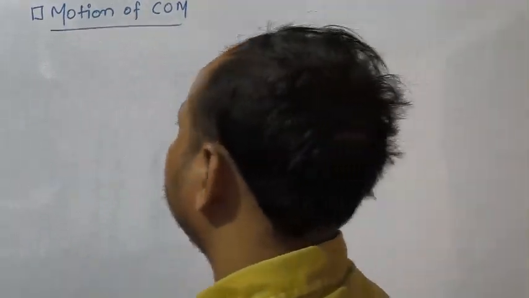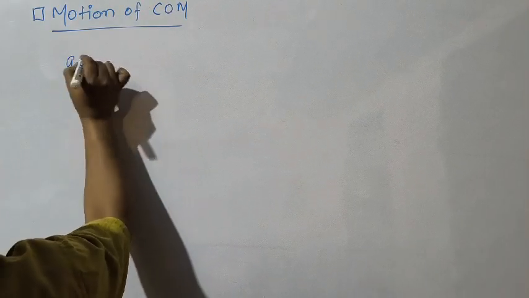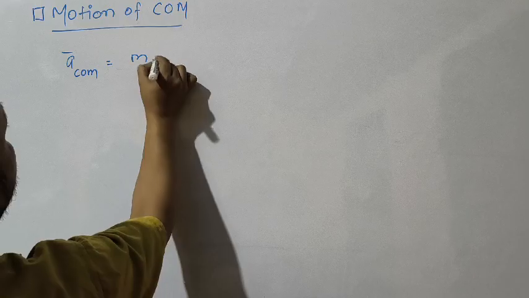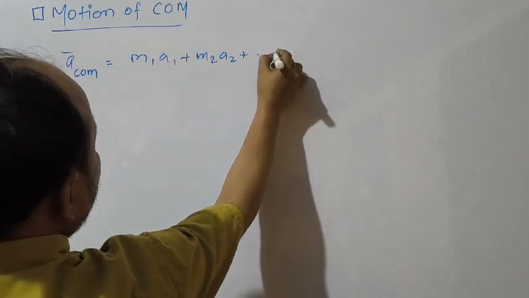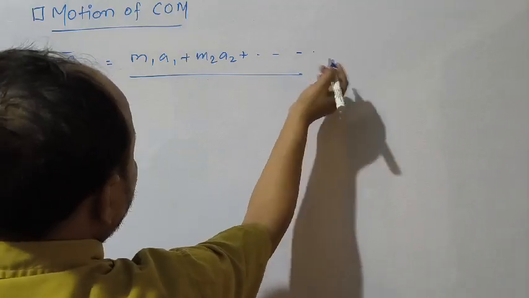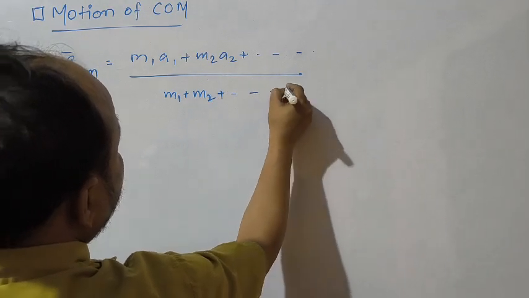As we know, the acceleration of center of mass can be given as m1a1 plus m2a2 up to n number of discrete particles upon total mass m1 plus m2 plus mn.